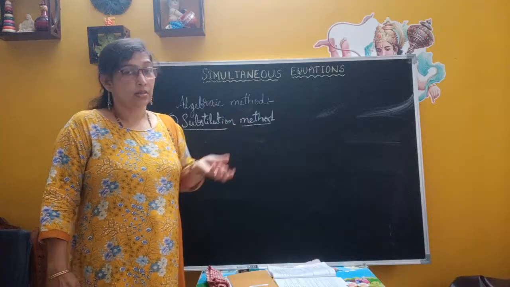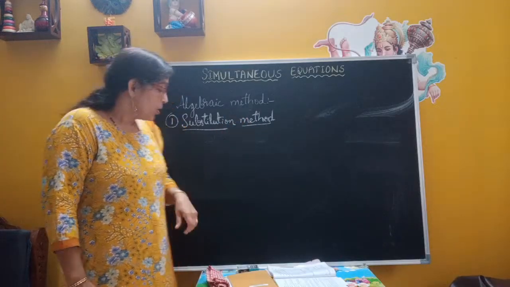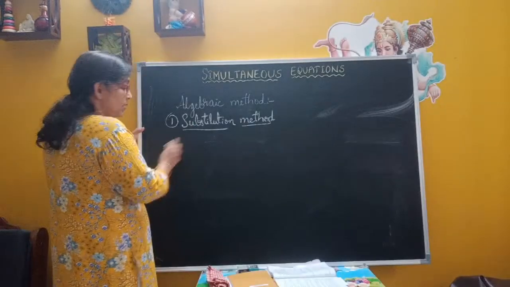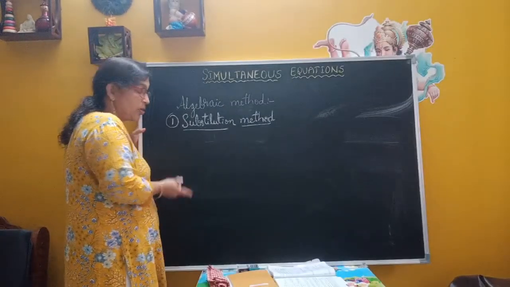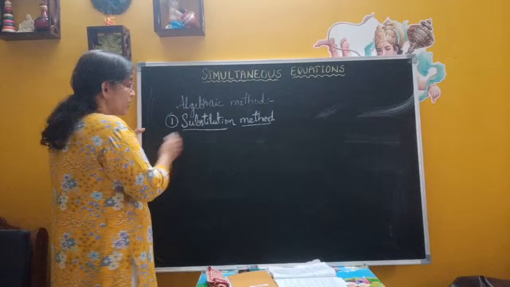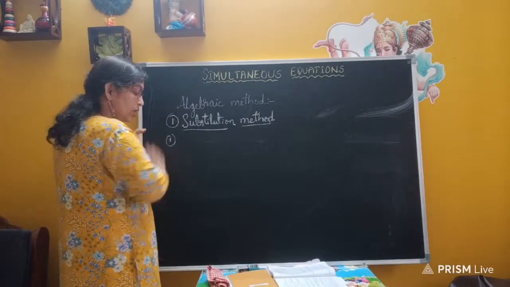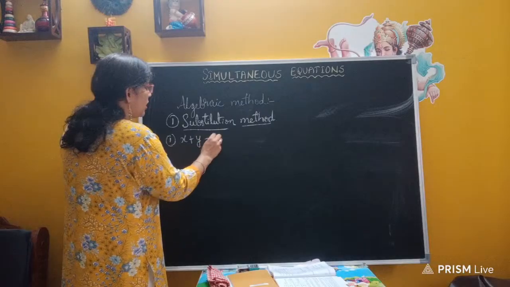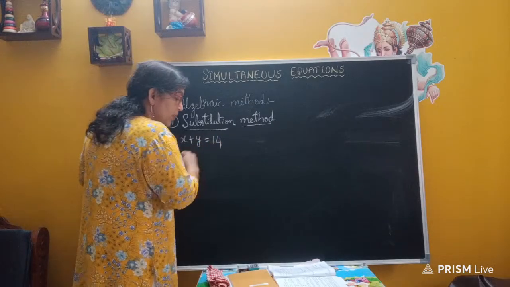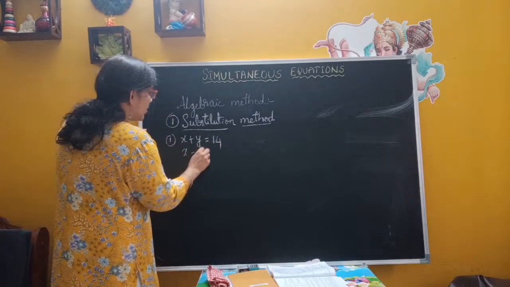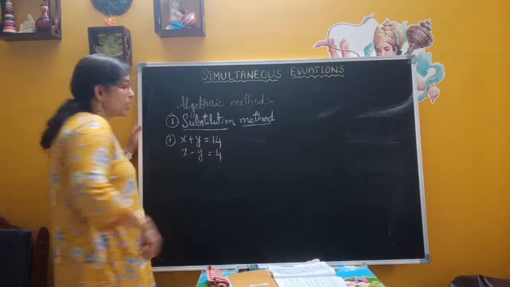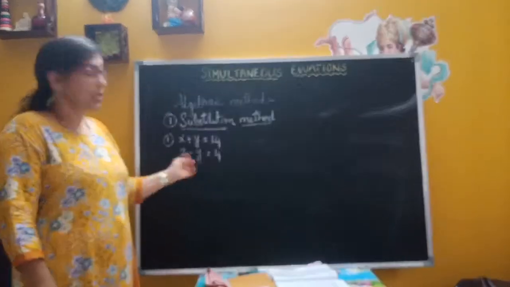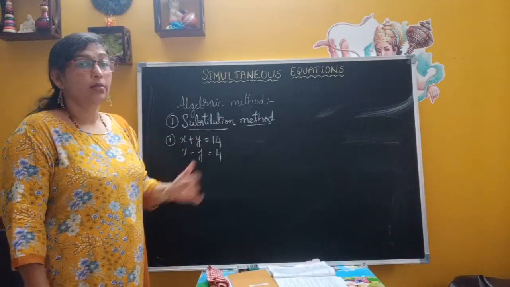We have to find the solutions for these linear equations: x plus y is equal to 14 and x minus y is equal to 4. These are linear equations in two variables. Very simple problem.